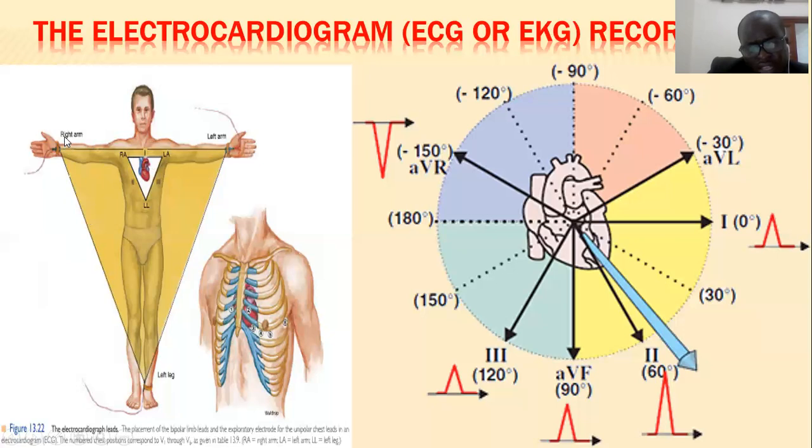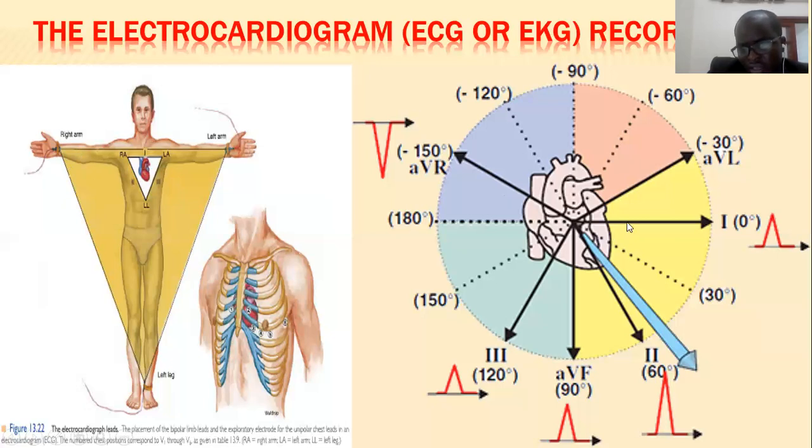So the AVR is cutting this angle in two, looking at the heart from the shoulder here, but the imaginary line is drawn from here all the way this side. The machine will take the average of the left arm and left leg, then it will draw an imaginary negative electrode here, then connect a line to the right arm. Then you have your AVR. So your AVR is splitting this 60 degrees into two, so you have 30 degrees.